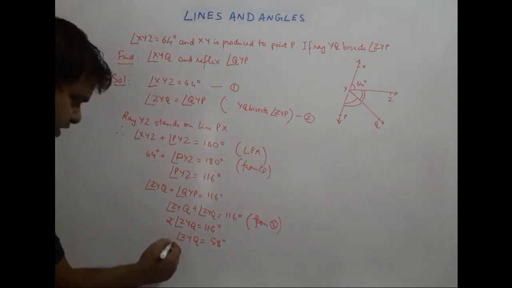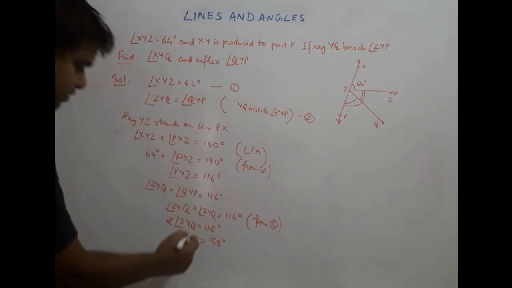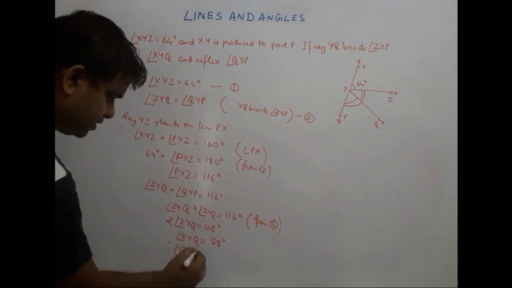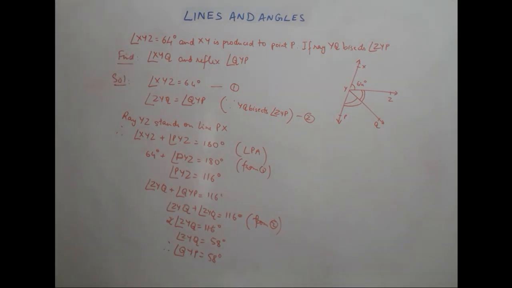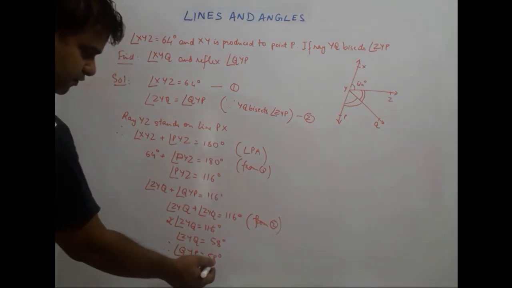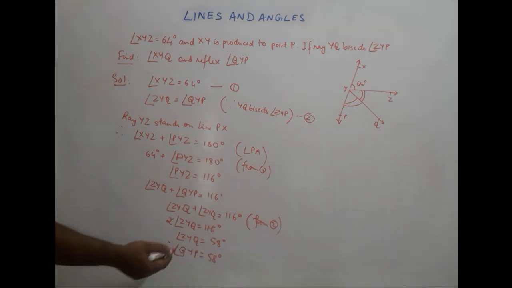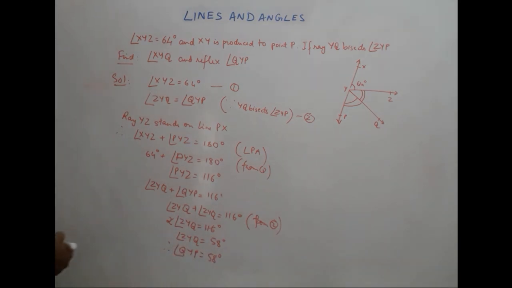Therefore angle QYP is equal to 58 degrees. Why? Because ZYQ is equal to QYP. Got it?